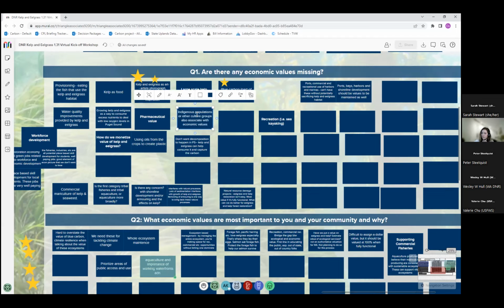There are other cultures that live here in the Pacific Northwest that place not just cultural and environmental, but also economic value on the kelp and the eelgrasses as well.